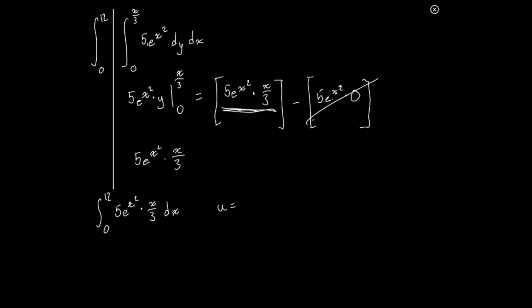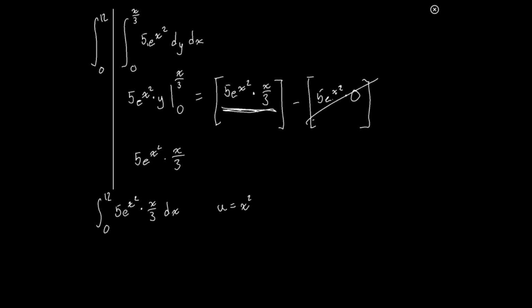So u equals x squared, just like we did before. We're picking that because that's the most complicated part, the part where I look at it and I'm not really sure how I'm going to do that. We know how to do e to the u, but we don't know how to do e to the x squared. So we're going to substitute that x squared with u.